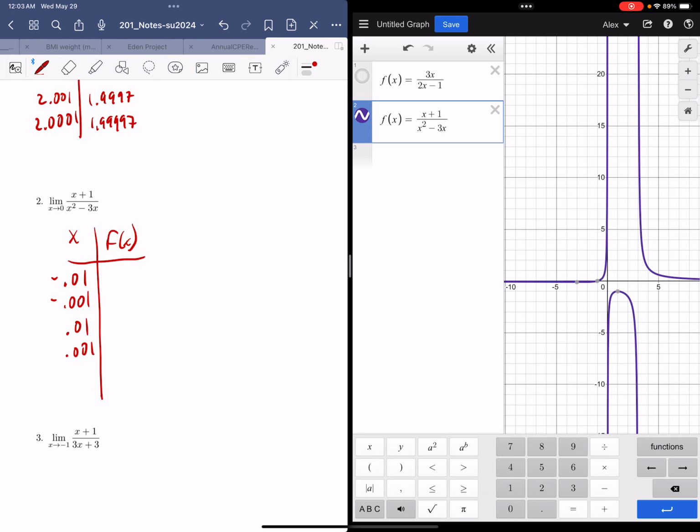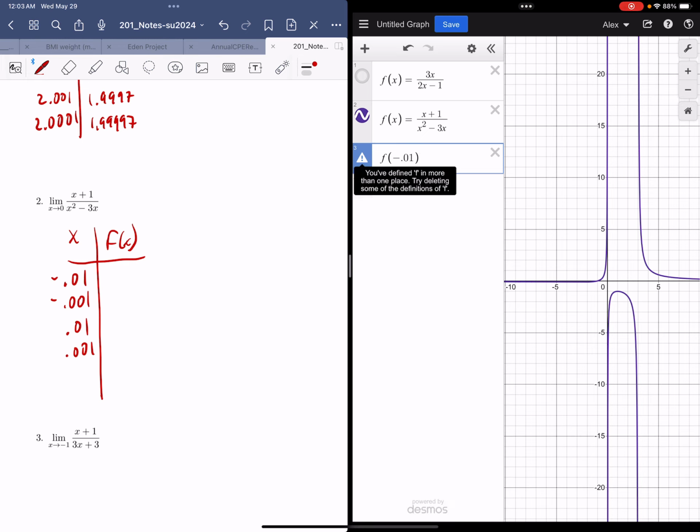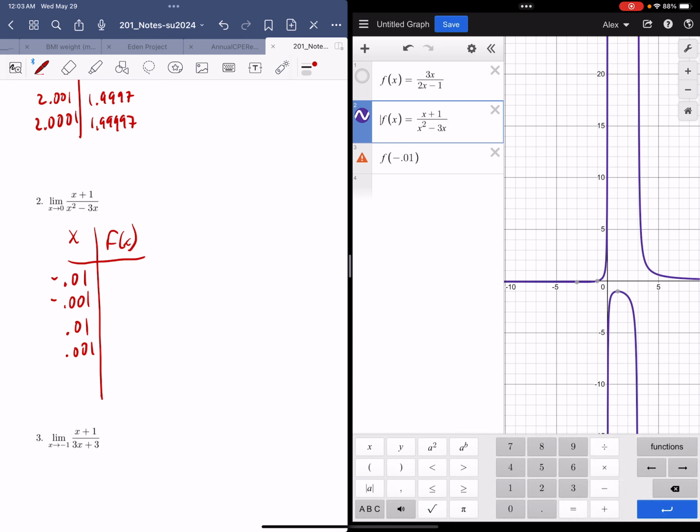Oh, weird looking function there. All right. Well, anyway, if we just put in f of negative 0.01, why is it not liking that? Oh, I guess it's not liking that. I guess we have to call this g of x. Okay, anyway. Call it g.